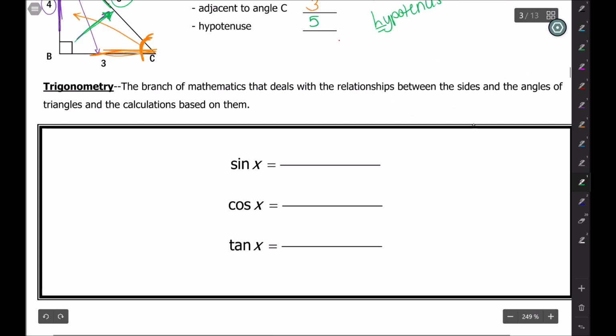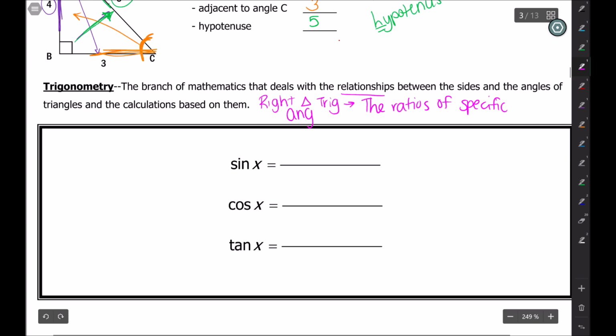Okay? So now we're going to look at what trigonometry is. It says trigonometry is the branch of mathematics that deals with the relationships between the sides and angles of triangles and the calculations based on them. With right triangle trigonometry, what's really important for you to know is that the ratios of specific angles are constant.